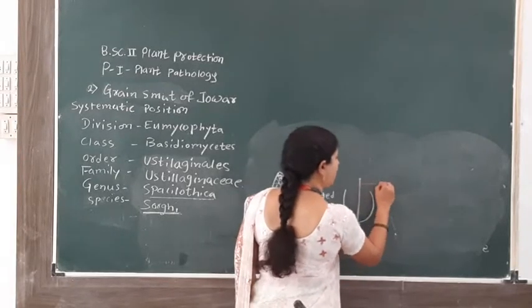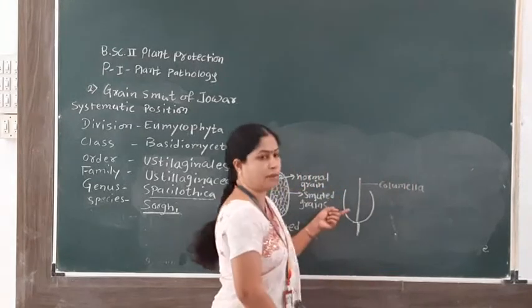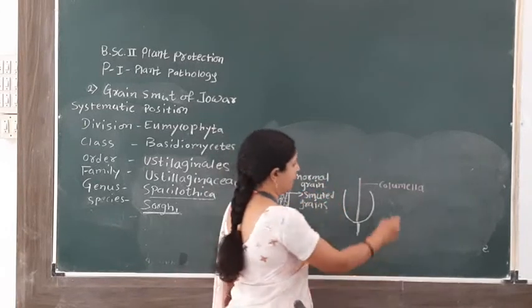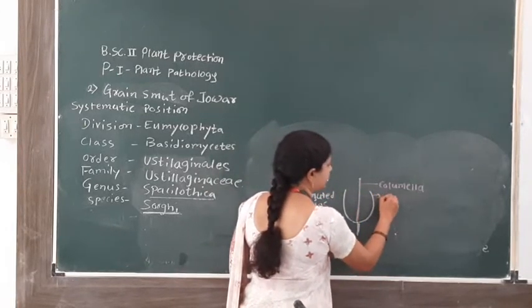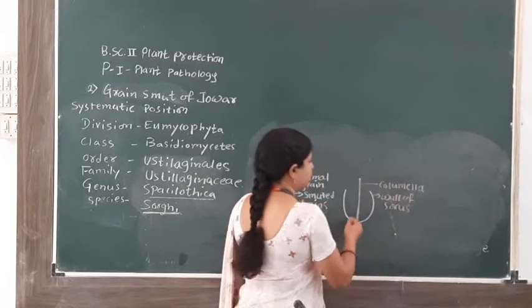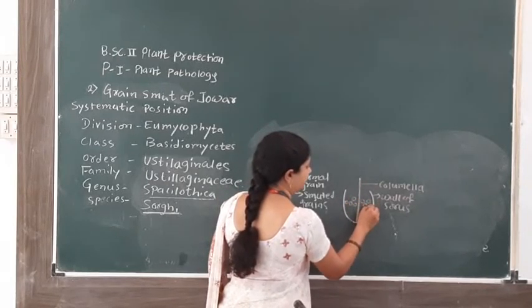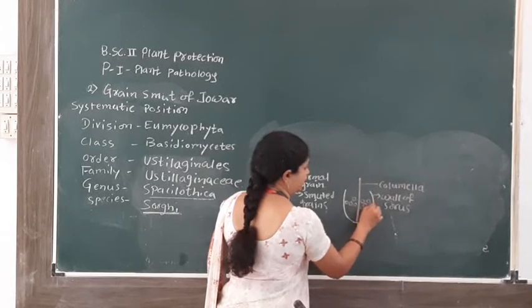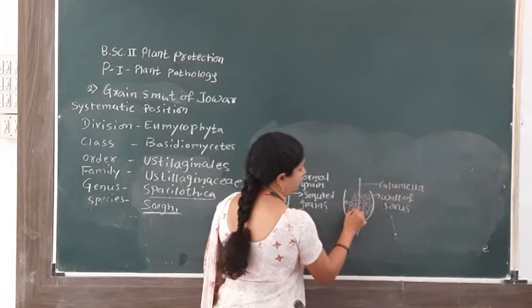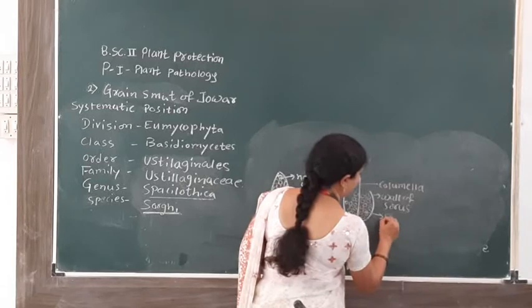This is called the columella, which is made up of parenchymatous cells or vascular tissue, and this is the wall of the sorus, which is filled with many small spores. These are black in color. The whole sorus gets filled with this black colored powdery mass.